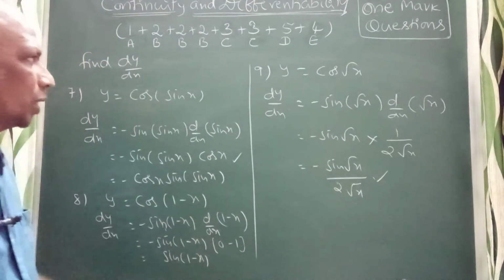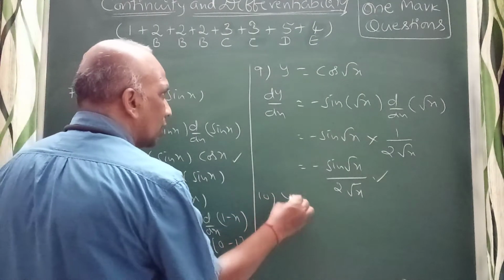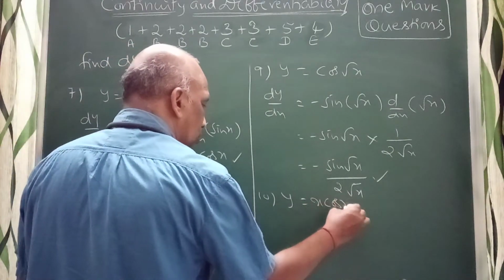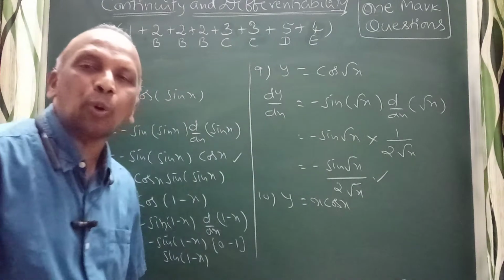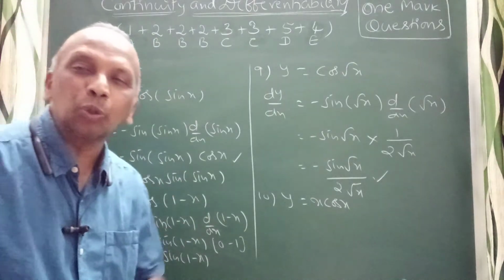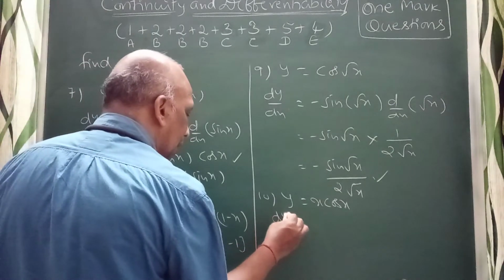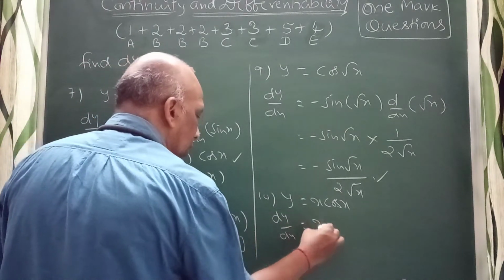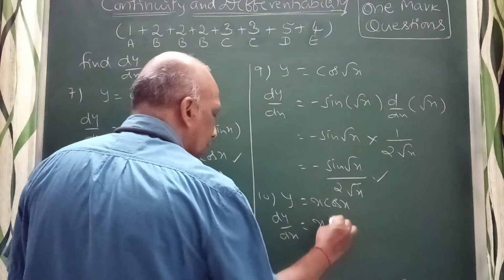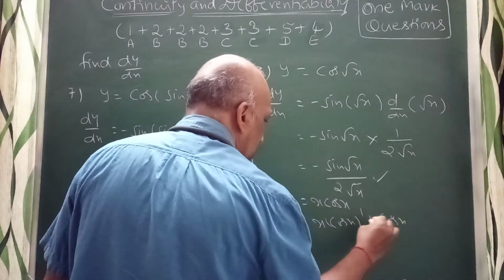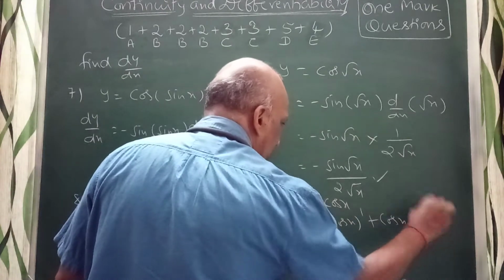So this problem is related to this. The 10th one. Suppose y is equal to x cos x, which is a product of two functions. You should use the UV rule, the product rule. So I can write dy by dx equals first into derivative of second function plus second into derivative of first function.